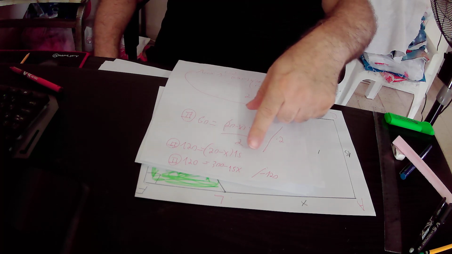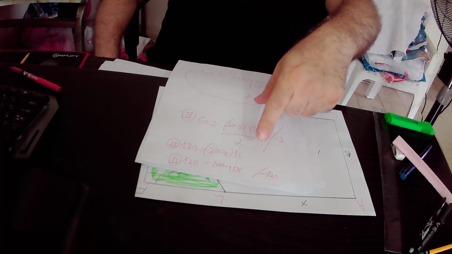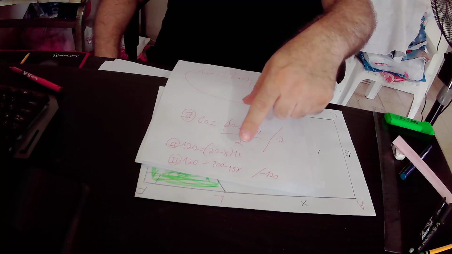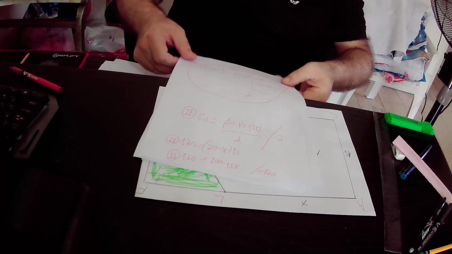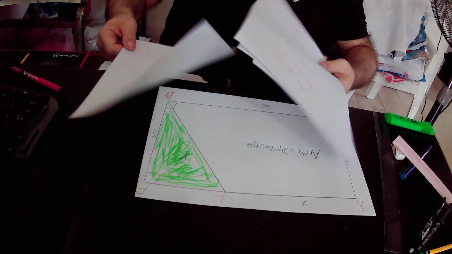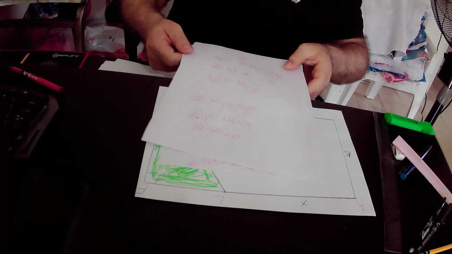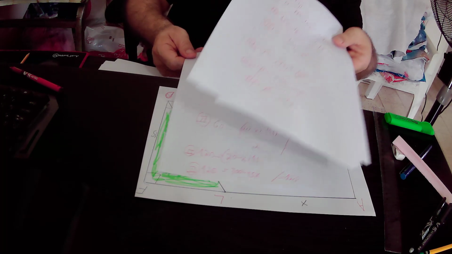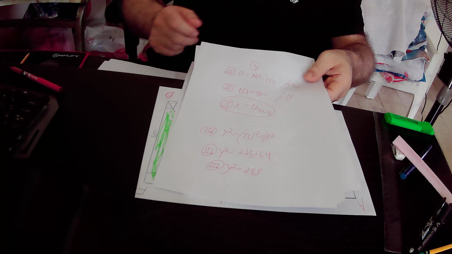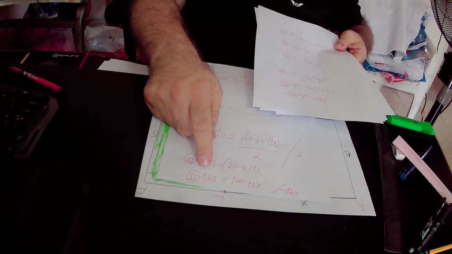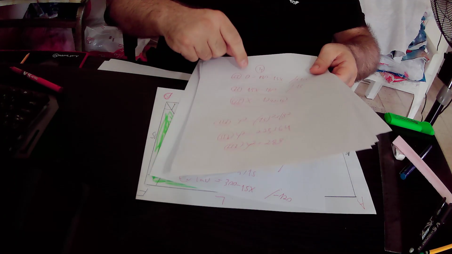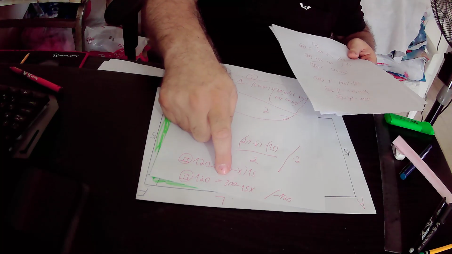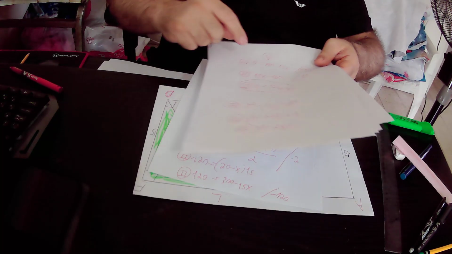We subtracted 120 from equation number 2. We got that 0 equals 180 minus 15x, because actually 120 minus 120 equals 0, and 300 minus 120 equals 180.